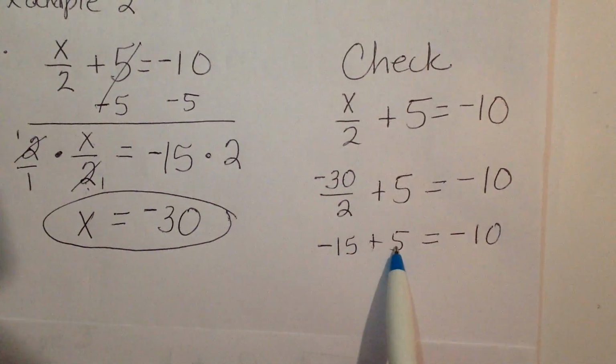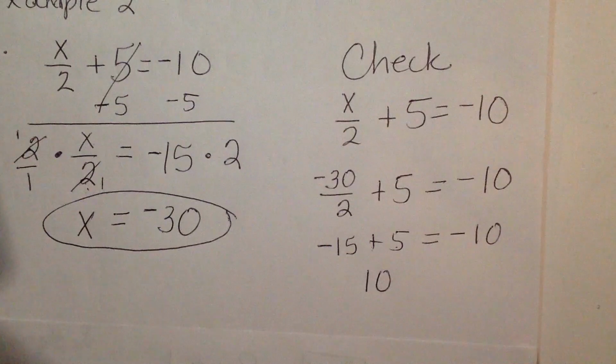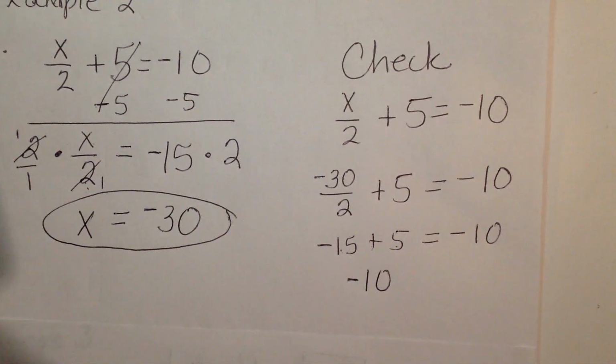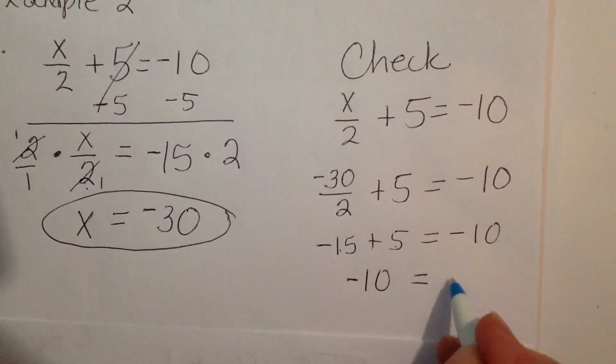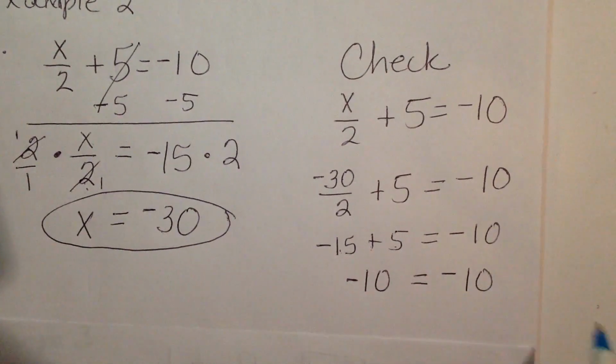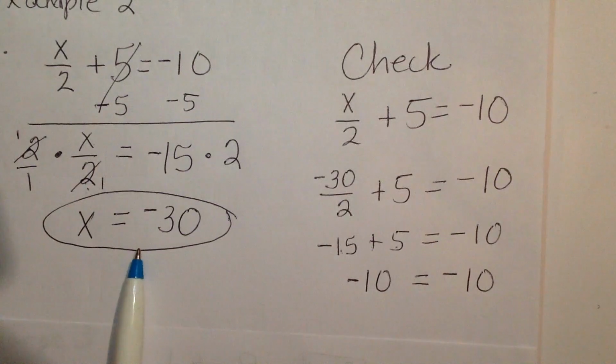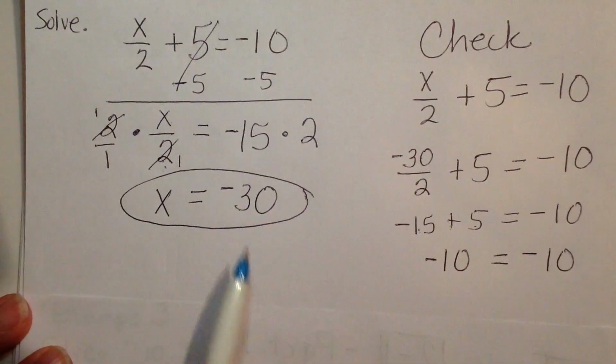So 15 minus 5 would give me 10. Sign of the larger, 15's larger, therefore I have negative 10. Negative 10 equals negative 10. So yes, my answer is correct. Therefore, my answer for example number 2 is negative 30.